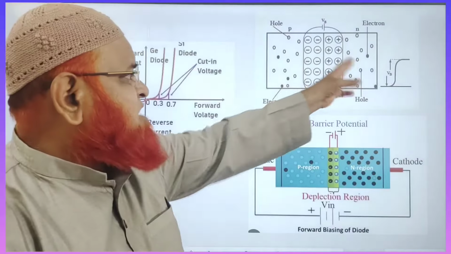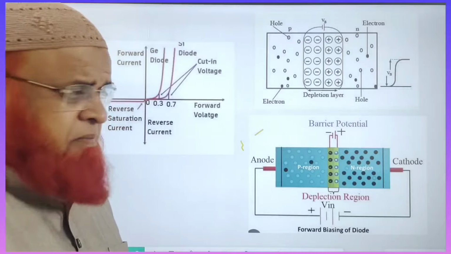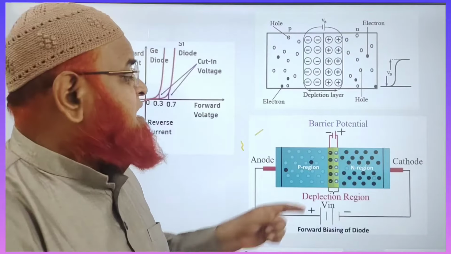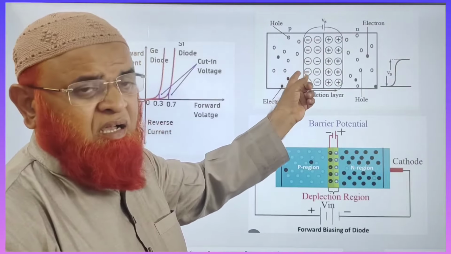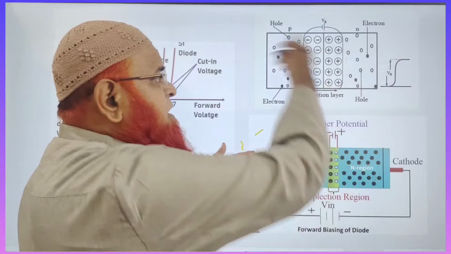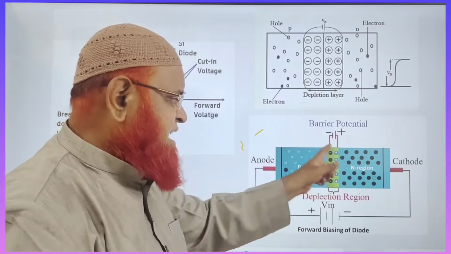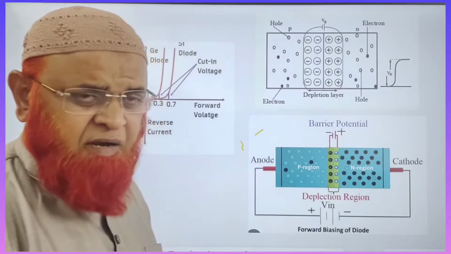When they are suitably joined, what is going to happen? First of all, the electrons shift to the holes. The electrons fall into the holes and a depletion layer is formed here.